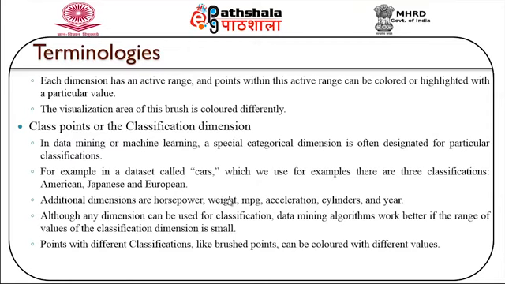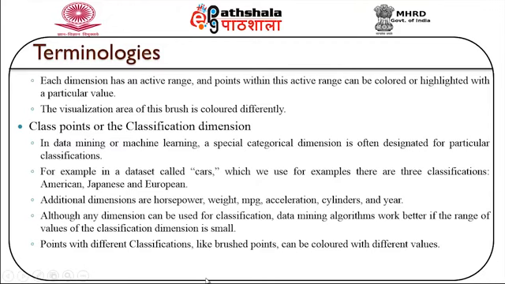Class points are the classification dimension. In data mining or machine learning, a special categorical dimension is often designated for particular classification. For example, in a data set called cars, which we use for the example, there are three classifications: American, Japanese and European.